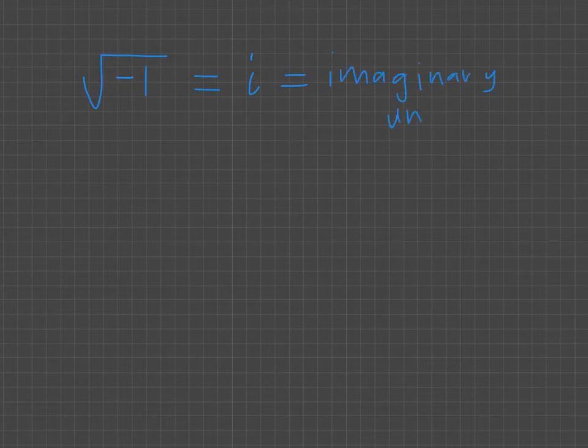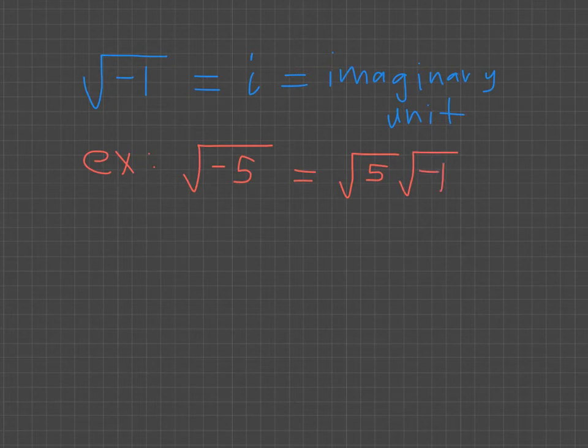All right, we want to use that to rewrite any time that we have a negative under the square root. So let's say we have the square root of negative 5. Well, we want to use the imaginary unit instead of having that negative. So think about how we can factor underneath the square root, and we could factor that into 5 times negative 1.